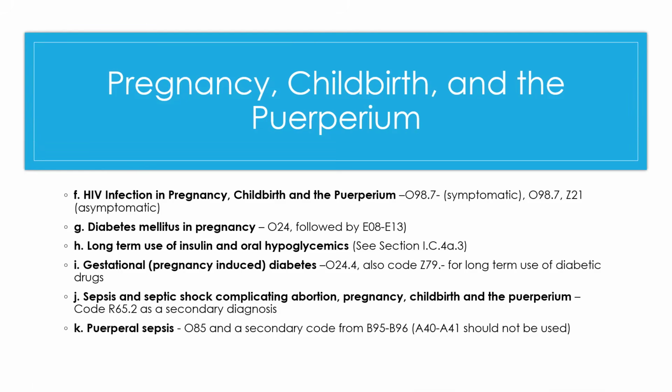For diabetes mellitus in pregnancy, diabetes mellitus is a significant complicating factor in pregnancy. Pregnant patients who are diabetic should be assigned a code from category O24, diabetes mellitus in pregnancy, childbirth, and the puerperium first, followed by the appropriate diabetes code or codes from E08 through E13 from Chapter 4.